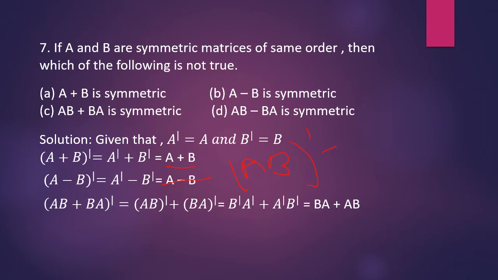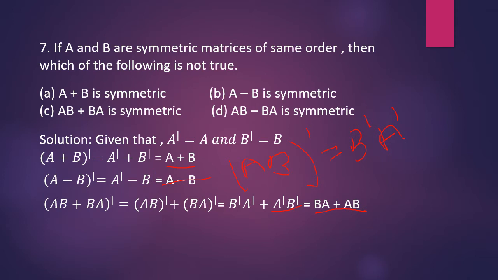So using that, we write AB whole dash as B dash into A dash, and here BA whole dash as A dash into B dash. But again, A dash is equal to A, B dash is equal to B. This is nothing but BA plus AB, or interchange, AB plus BA. That is the same matrix. Therefore, AB plus BA is symmetric. That is also a correct statement.